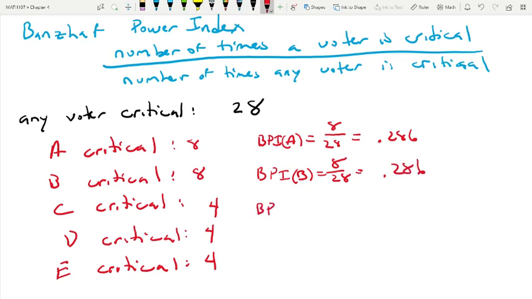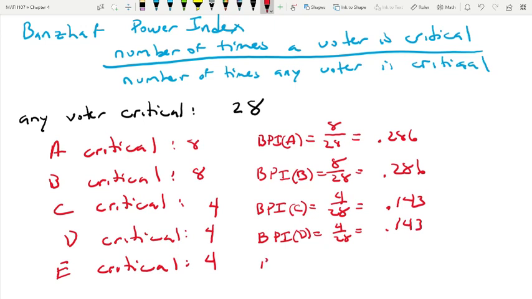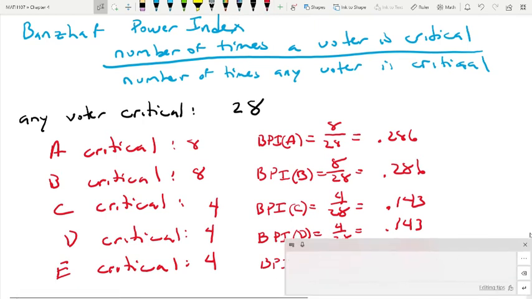The number for C is going to be 4 out of 28, and that we're going to say is going to be 0.143, and then the numbers for D and E will be the same, 0.143, and lastly this will also be 4 out of 28, and this will also give us 0.143. So we have calculated the index for each of our voters, right? And that will conclude this video.